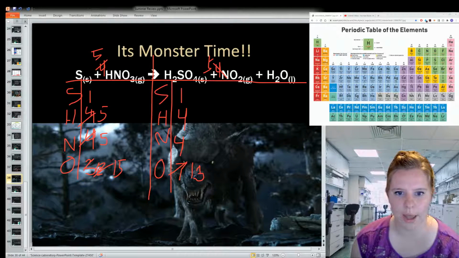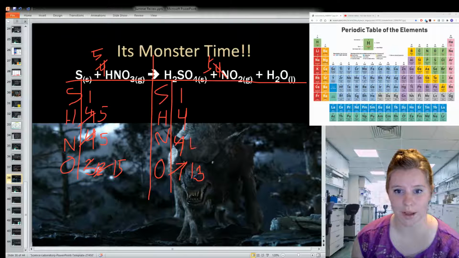Over here, still 1 S. Hydrogen, I haven't touched hydrogen yet, actually. So that's still 4. Nitrogen is now 5. Oxygen, 4 and 10 is 14, is now 15. Okay.